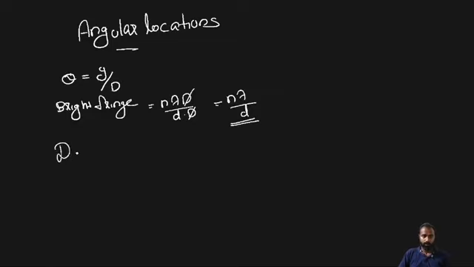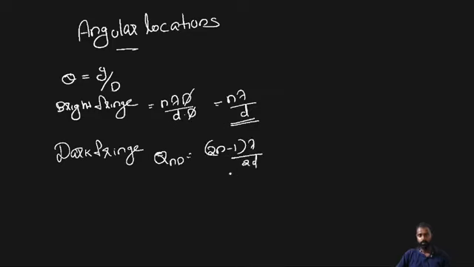Then for a dark fringe, theta is (2n minus 1) lambda by 2d.